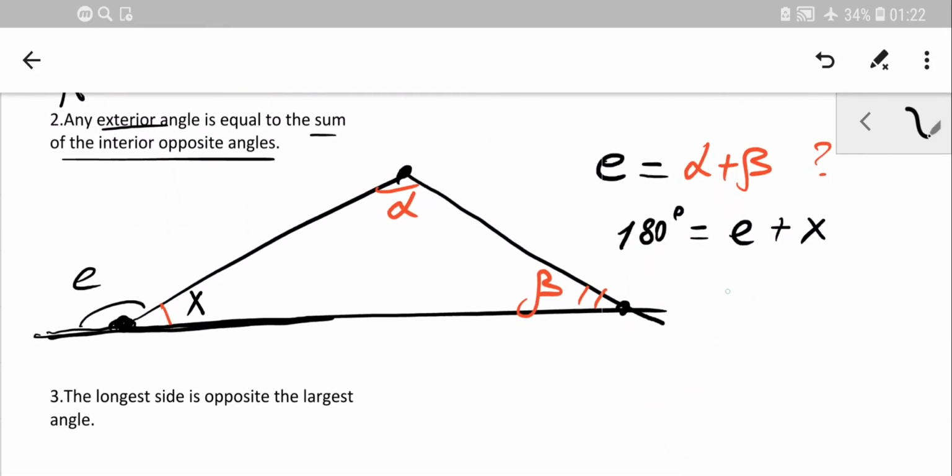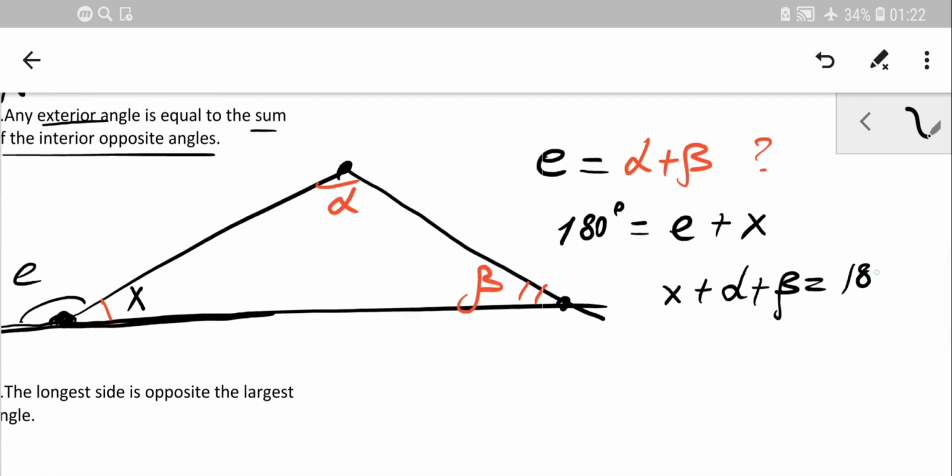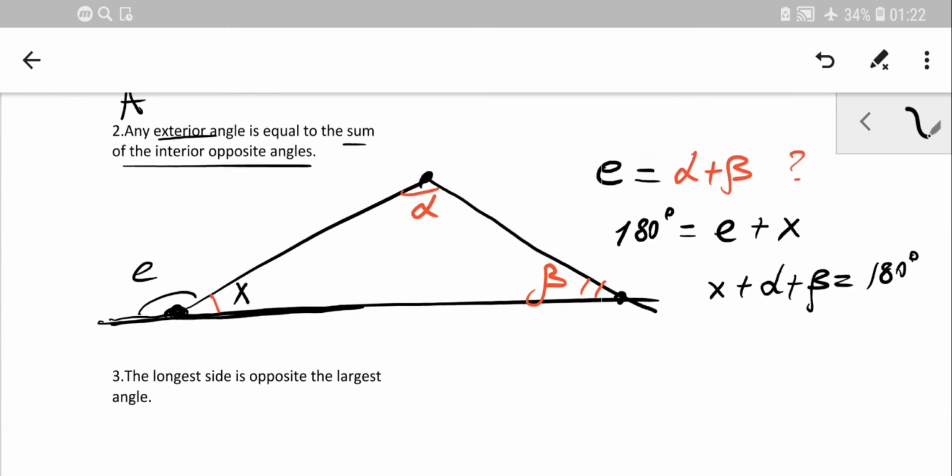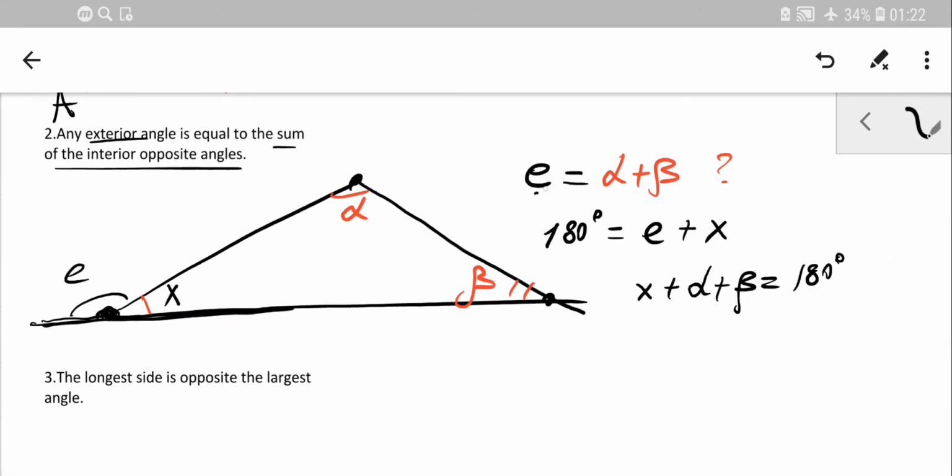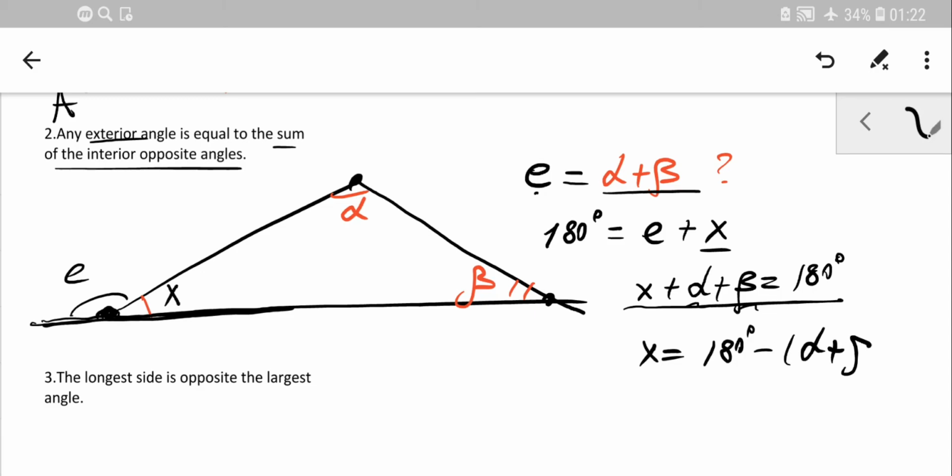So we can set up that X, alpha, and beta together give you 180. We need to come to E equals alpha plus beta, so it's better to express X through alpha and beta. X from this equation is simply 180 minus (alpha plus beta).